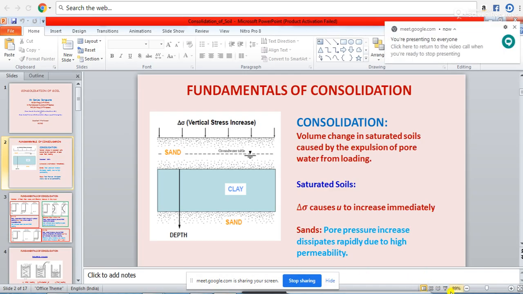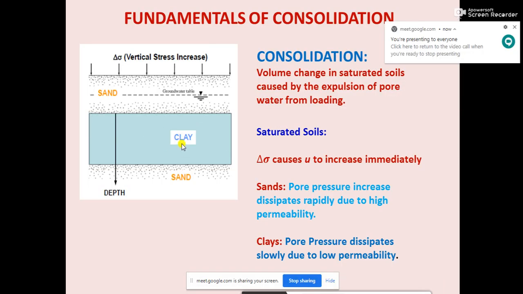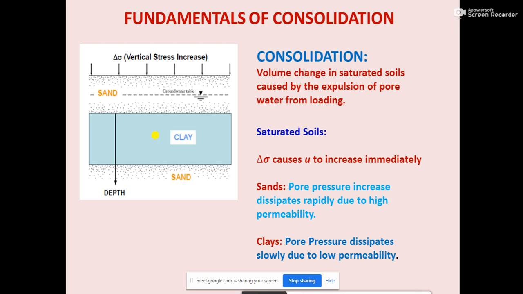When this pore water tries to get away with all the pressure and move away, at that time the pressure will finally come to the soil mass, and when the soil mass comes under the pressure, the change in the volume of the soil will happen. That phenomenon is called consolidation.